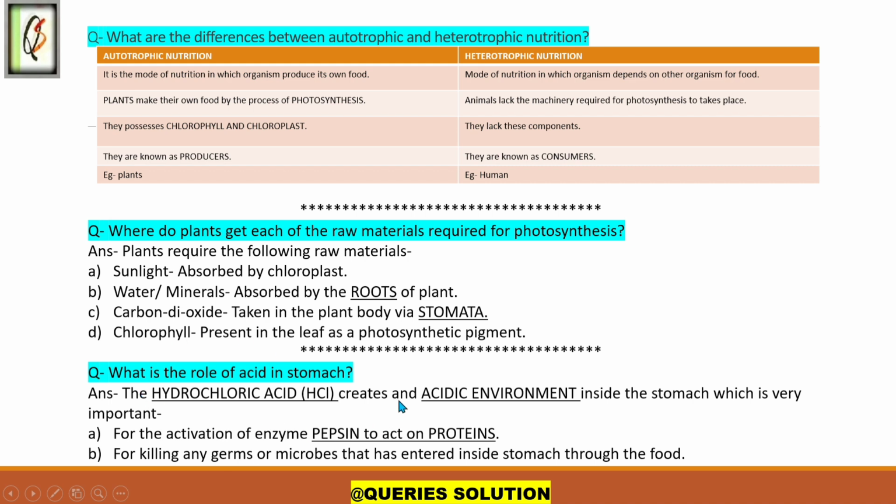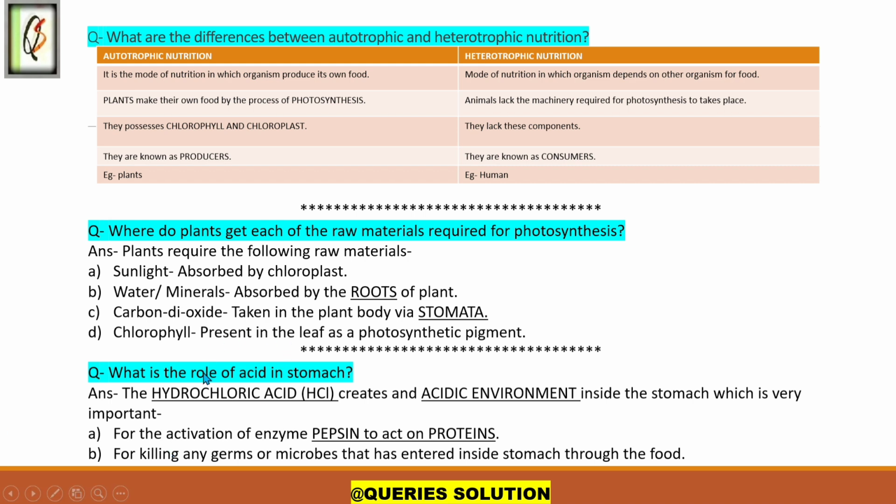Now we are landing on the questions on the topic related to the activities of digestion. The first question on digestion: what is the role of acid in the stomach? Again, we have discussed in our video that in the stomach of the human body there are gastric glands and they release acid. I hope you remember we are talking about hydrochloric acid.